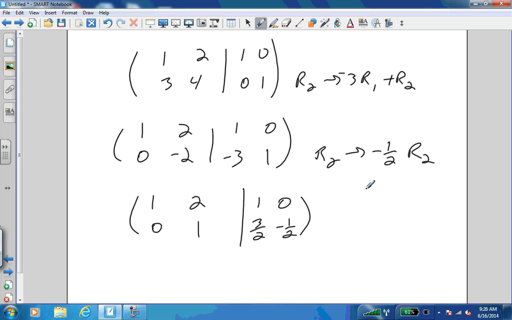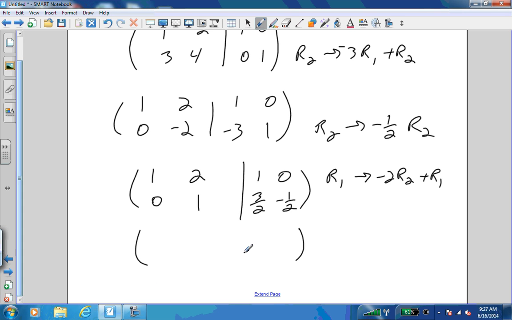Then the last thing to do, we need a 0 above our pivot. So our first row is going to be changing, and the way we're going to get it is we're going to do -2 times this one, so -2 R2 plus R1 will give us a 0. So our second row is not changing this time.